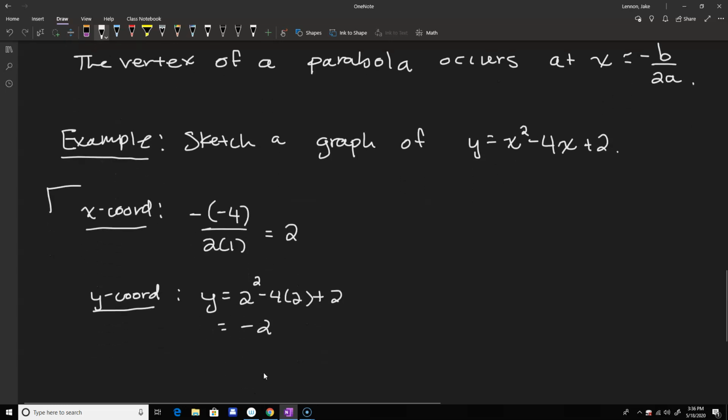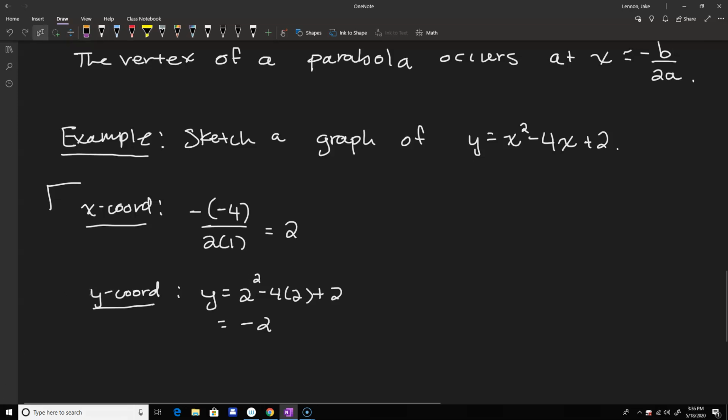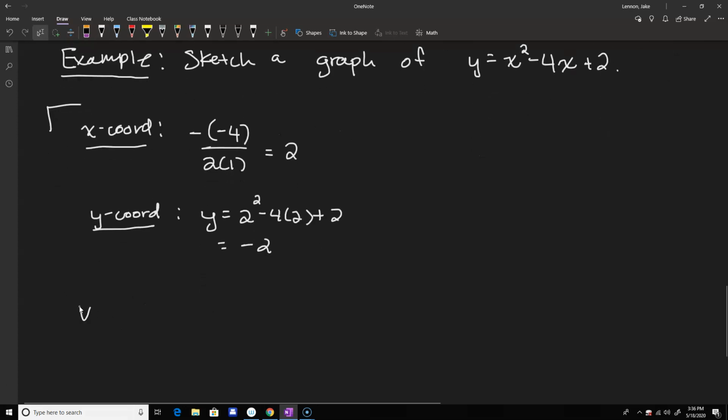So our vertex has coordinates 2, -2. Now the parabola, you can quickly tell whether it's going to open up or down by looking at the leading coefficient. If the leading coefficient is positive, it'll open upward. If it's negative, it will open downward.